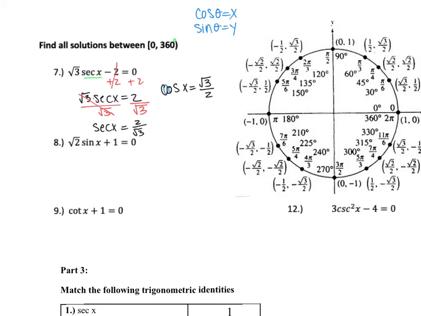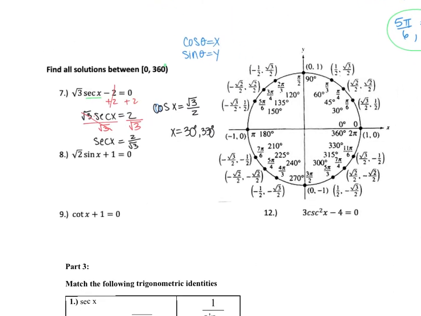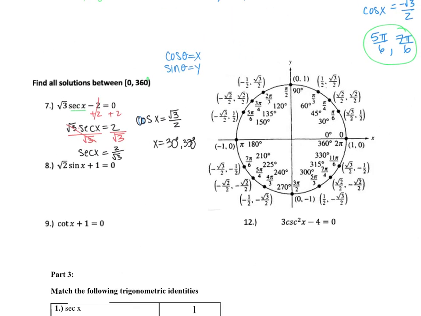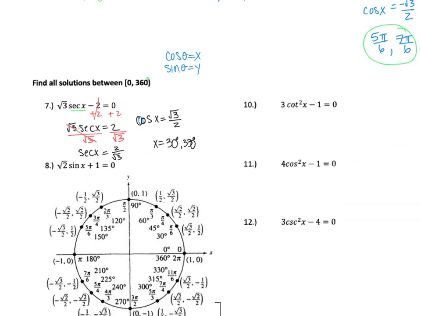So I know my angle has to be 30 degrees. And it looks like another root 3 over 2 is right here at 330 degrees. So 330 degrees, and that is it. That would be my final answer because x can only be positive at 30 degrees and 330 degrees.